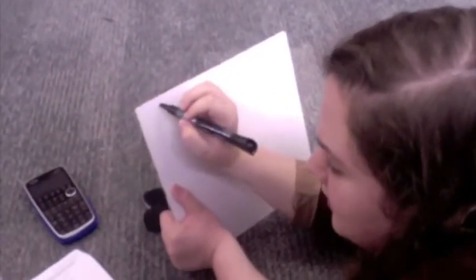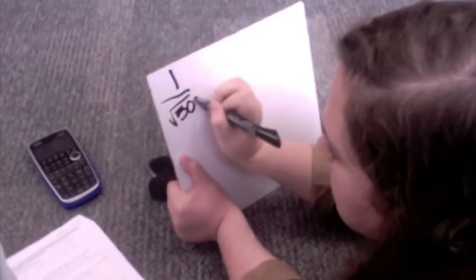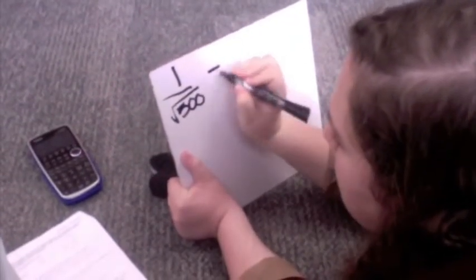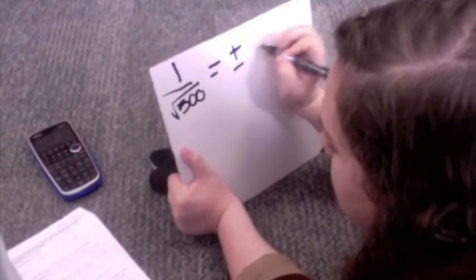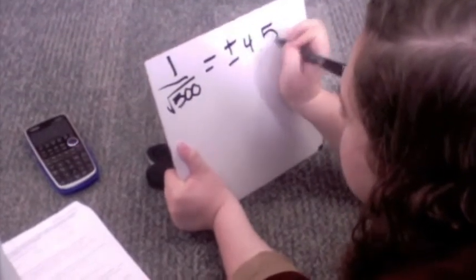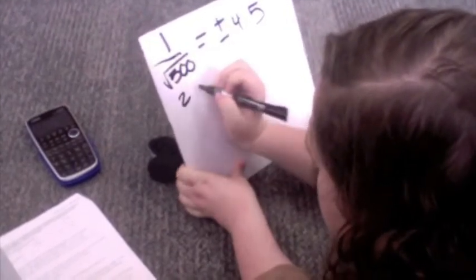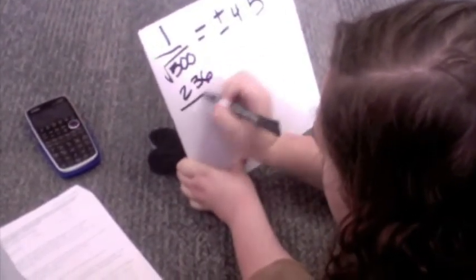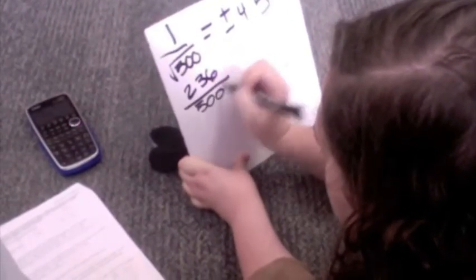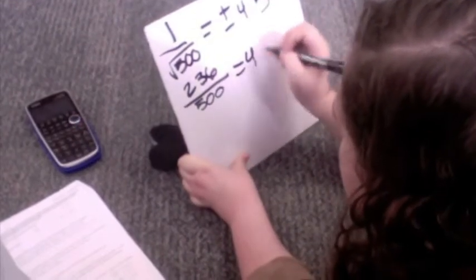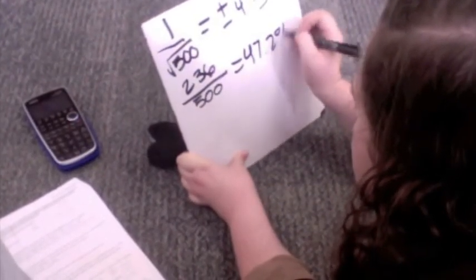For this example, it'd be 1 over the square root of 500, because that is the number of voters, which equals plus or minus 4.5. And then you have to find 236 over 500, which equals 47.2%.